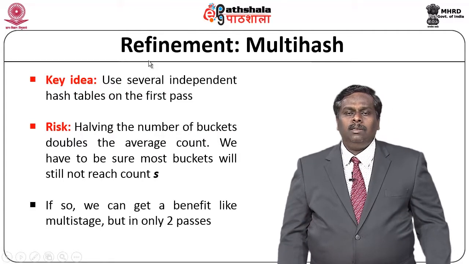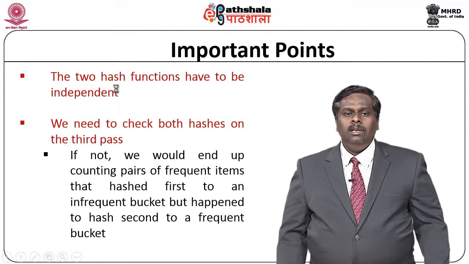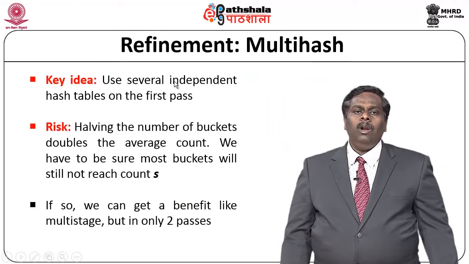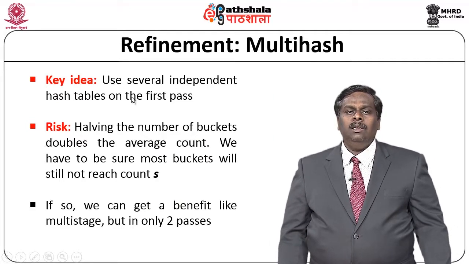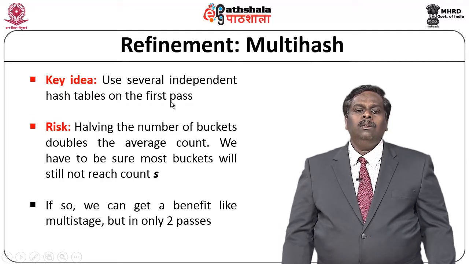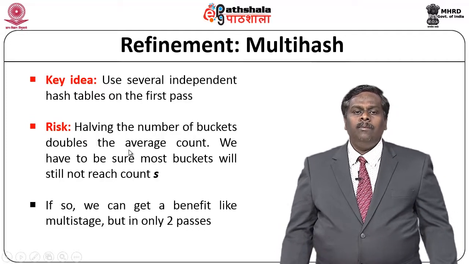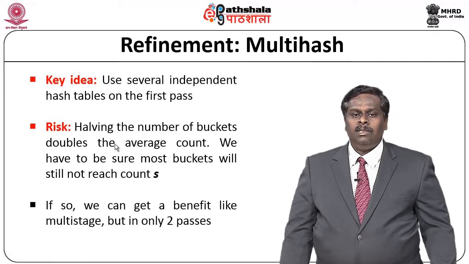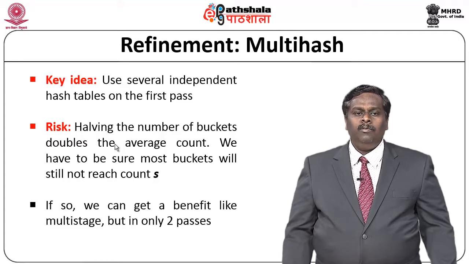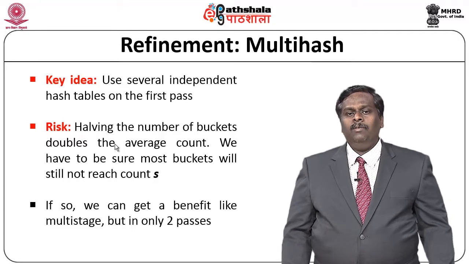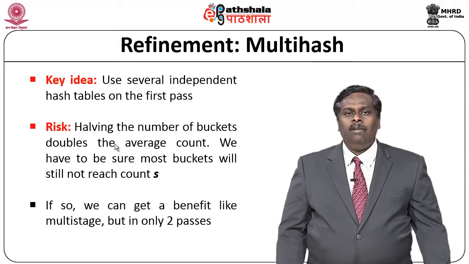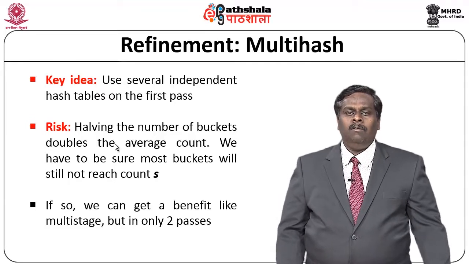The objective is, instead of working with independent hash functions, you can make use of more than one independent hash function and hash table in the first pass. But the drawback is that when you work with multiple hash functions and hash tables, half the number of buckets comprising pairs of items may increase in terms of the average count, sometimes even to double the average count.